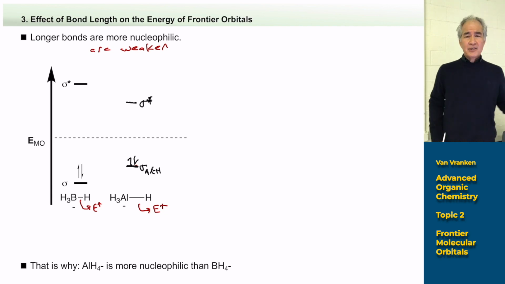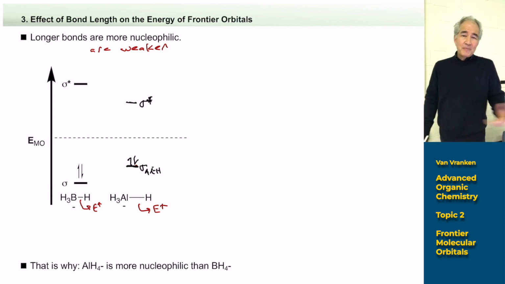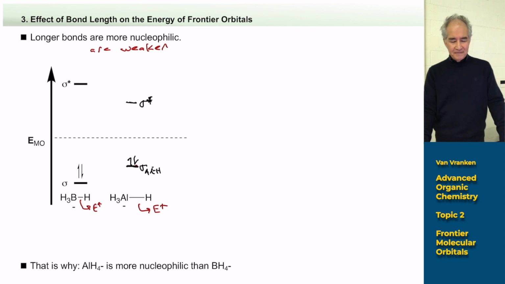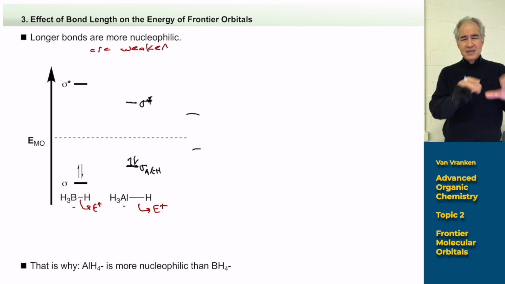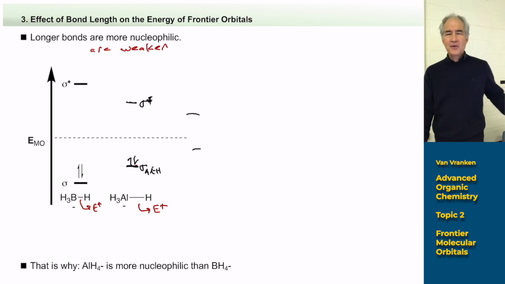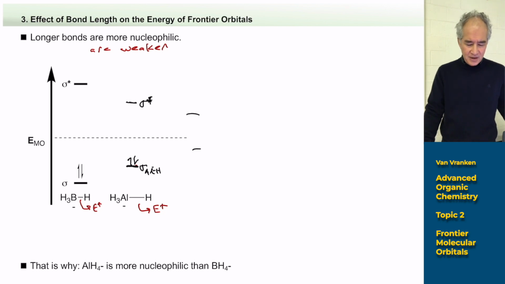The bond is weaker. It's easier to break. That should be obvious. And if I kept going in the periodic table down to further rows, down to gallium and whatever's below gallium, I'll keep seeing this pinching effect of the filled and the unfilled orbitals, whether it's sigma star and sigma, pi and pi star, you get this pinching effect as you go to longer bonds.